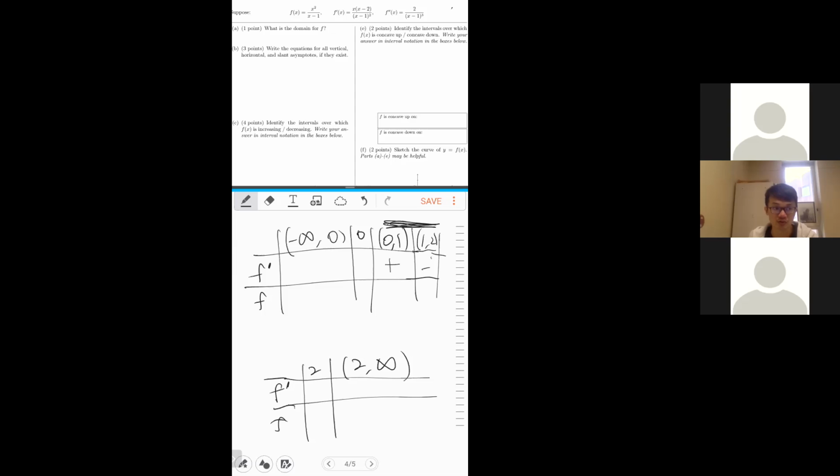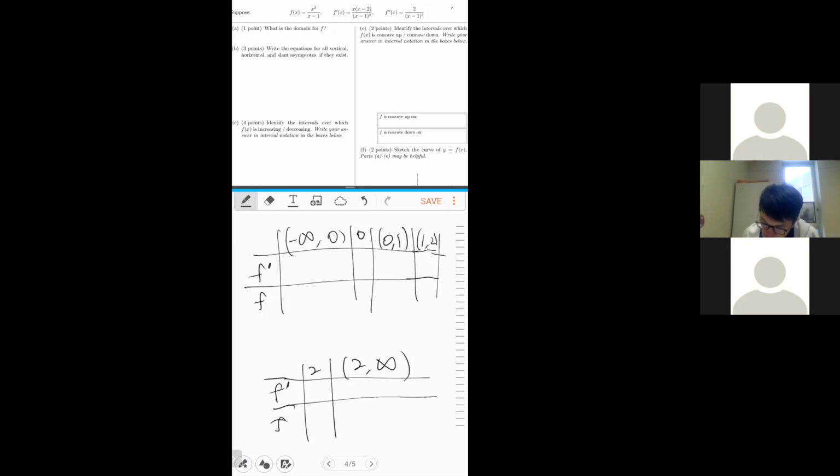If you do 0 to 2, you wouldn't detect the difference. It would be a big mistake if you don't split your interval like this. 1 is not in the domain, so you have to split the domain like this.